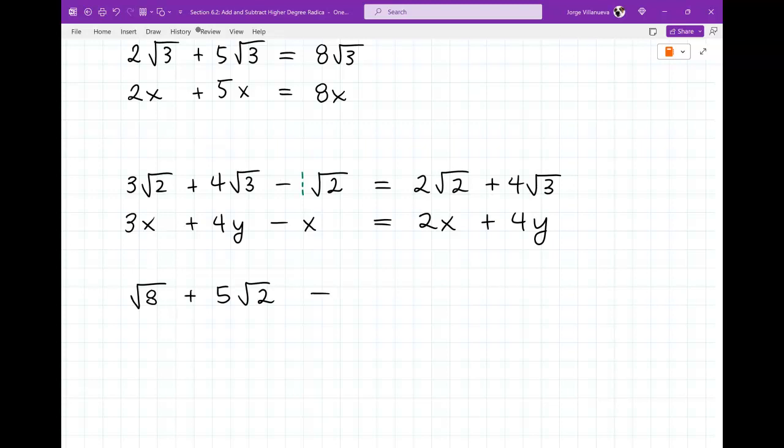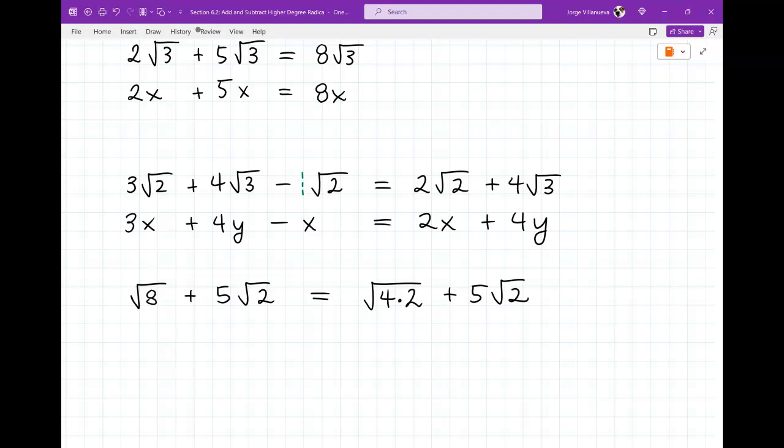Initially you would say, I can't add those because square root of 8 and square root of 2 are not the same. But I can break down the square root of 8. The square root of 8 becomes the square root of 4 times 2, plus 5 radical 2.